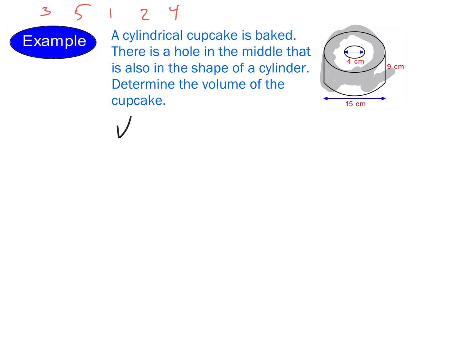So the volume whole is pi r squared h. The radius, given that this is 15, is half of that. So it's 7.5 squared. The height is 9.